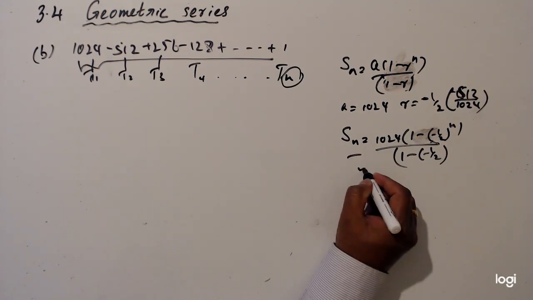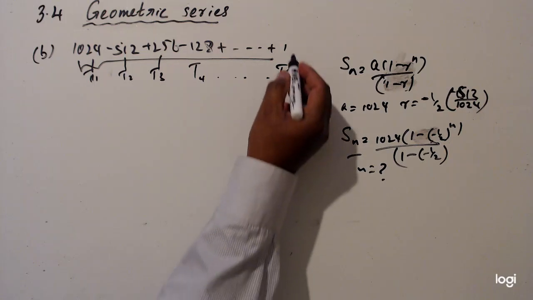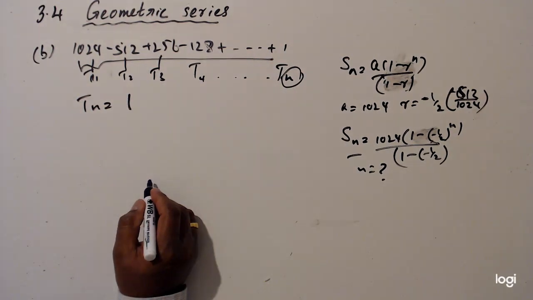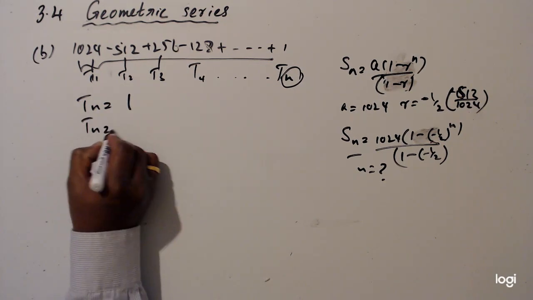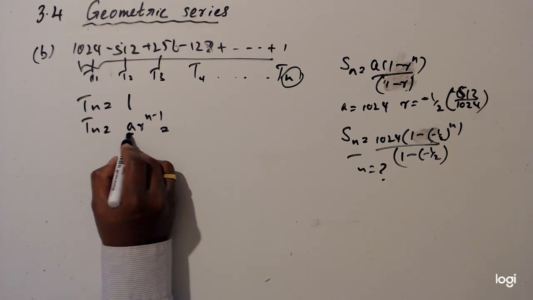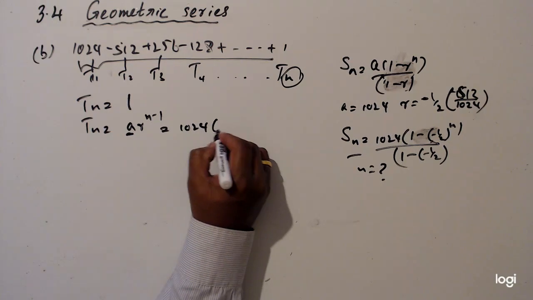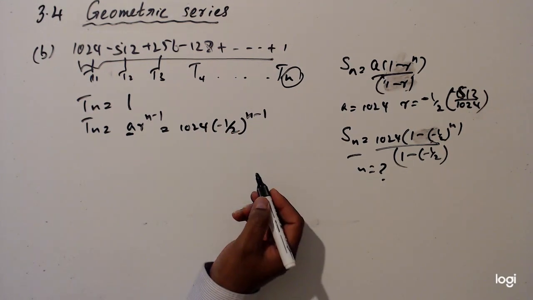The problem is we don't know n. Now we have to find n. So the nth term we know is 1, and the nth term we can write as a r^(n minus 1). So a we know is 1024, r is minus half, to the power n minus 1.